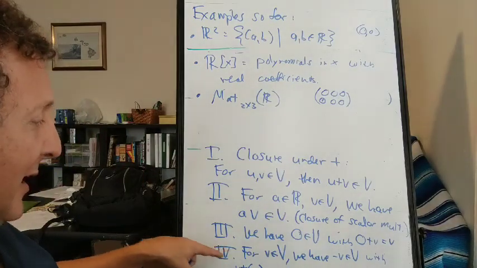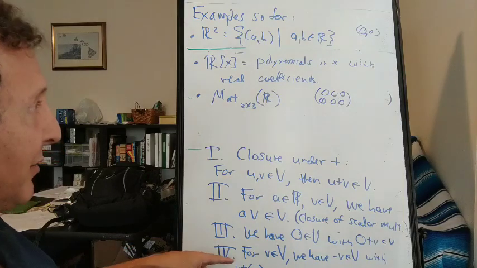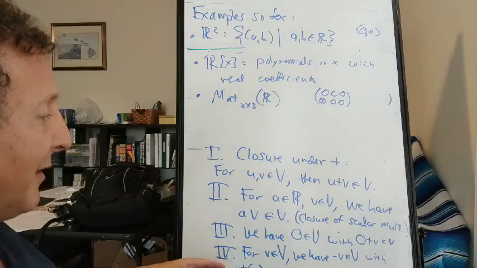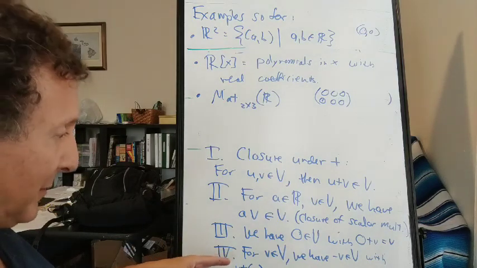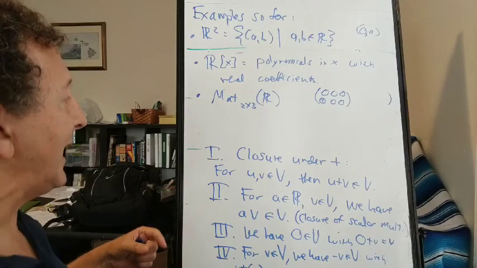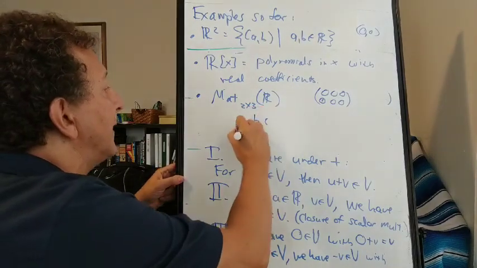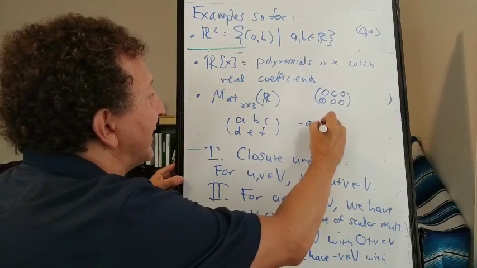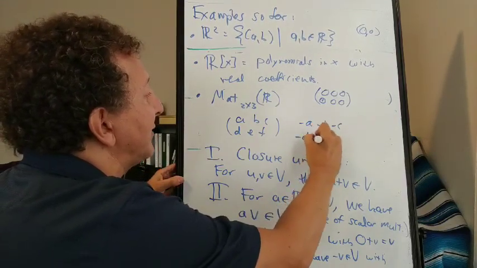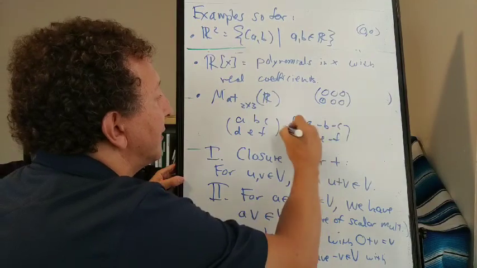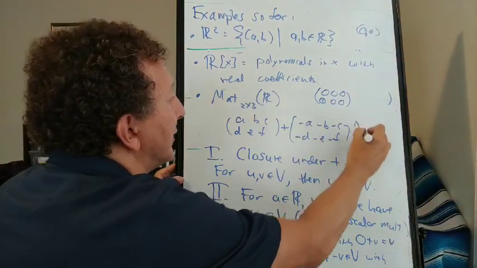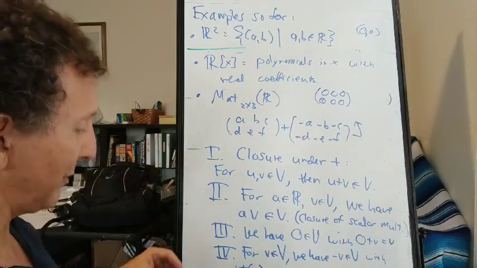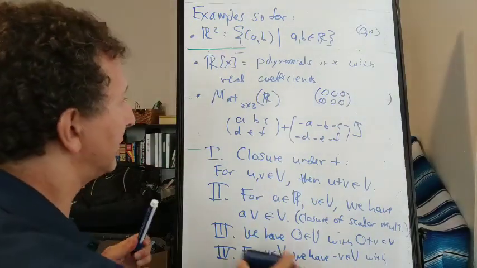And we have additive inverses because if we take a real 2 by 3 matrix and multiply all the entries by -1, then that's still a real 2 by 3 matrix. If we have a, b, c, d, e, f, and add it to -a, -b, -c, -d, -e, -f, then we get 0, 0, 0, 0, 0, 0. So real 2 by 3 matrices form a vector space, a real vector space.